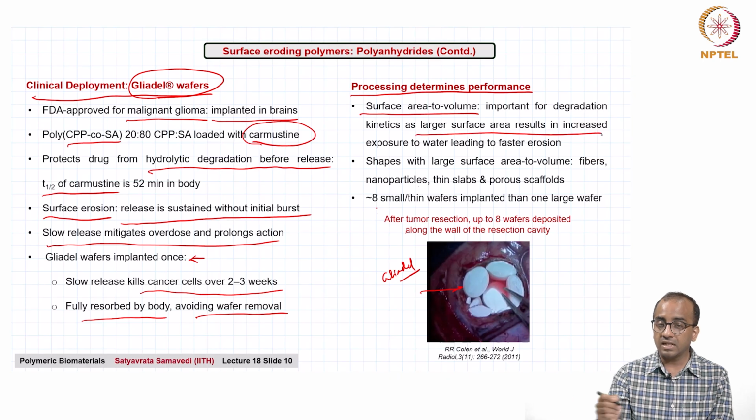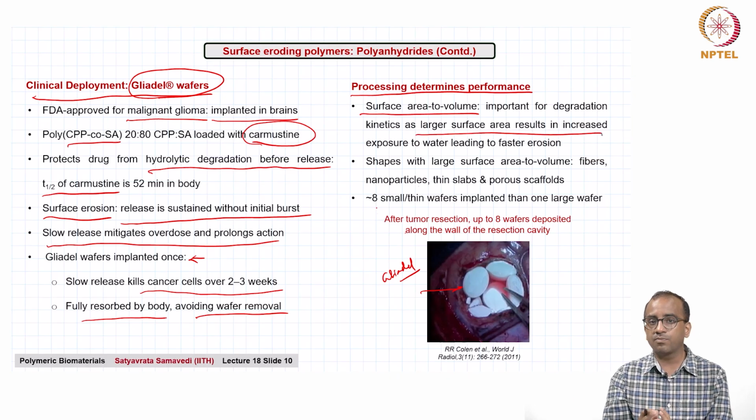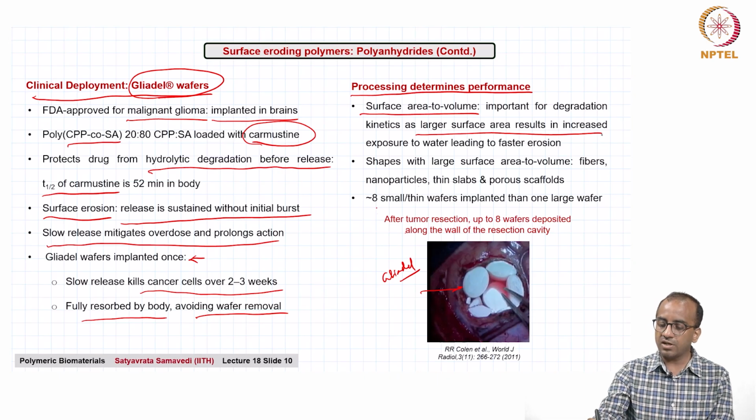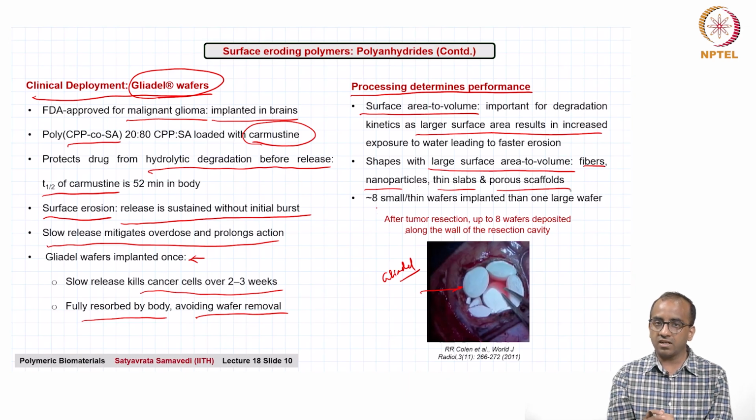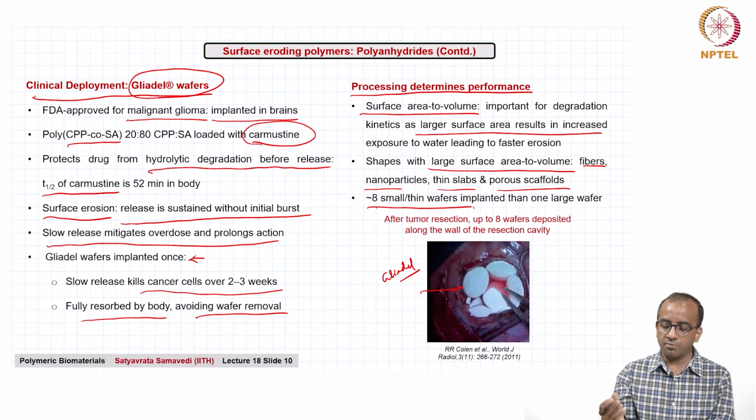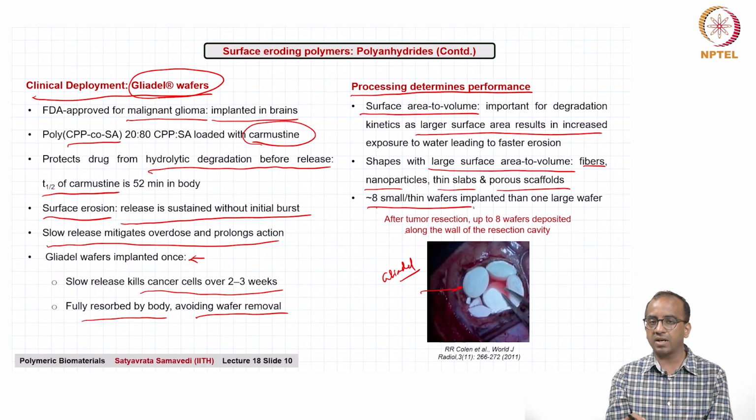Typically, larger surface area leads to higher exposure to water, leading to faster degradation. So, shapes with very large surface area to volume ratio typically include fibers, nanoparticles, thin slabs and porous scaffolds. So, instead of placing one large wafer which could take a very long time to release the drug and keep it in the effective therapeutic window, typically up to 8 small and thin wafers are implanted to ensure that you get enough drug released for it to be effective in that part of the body.